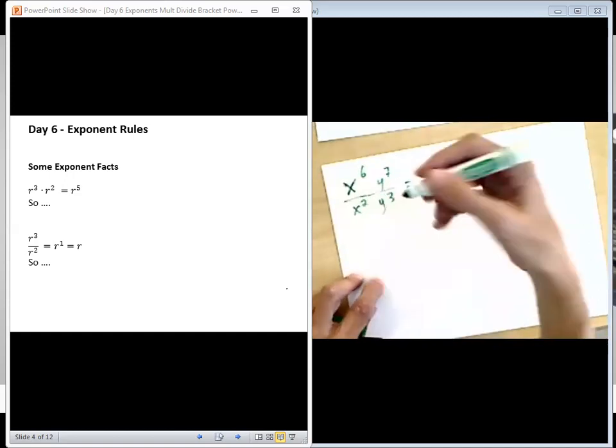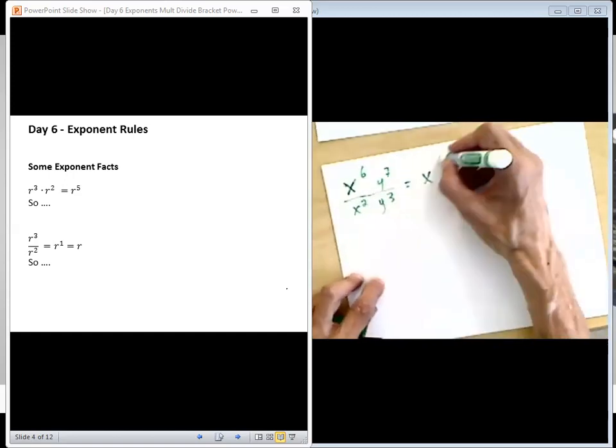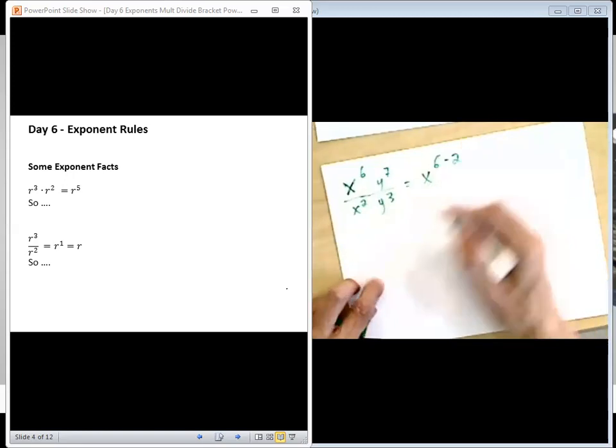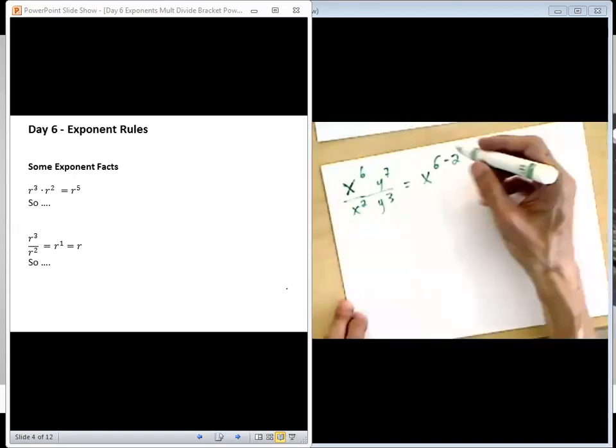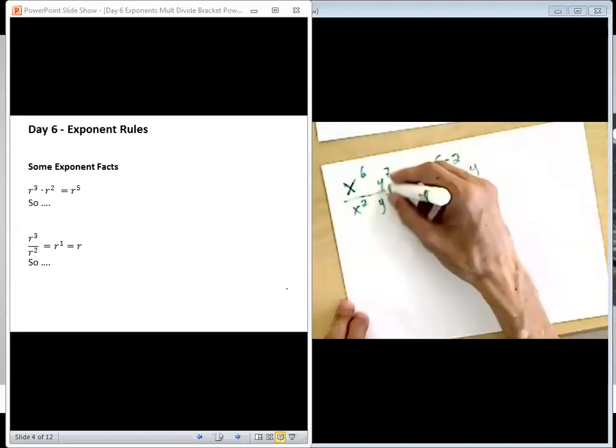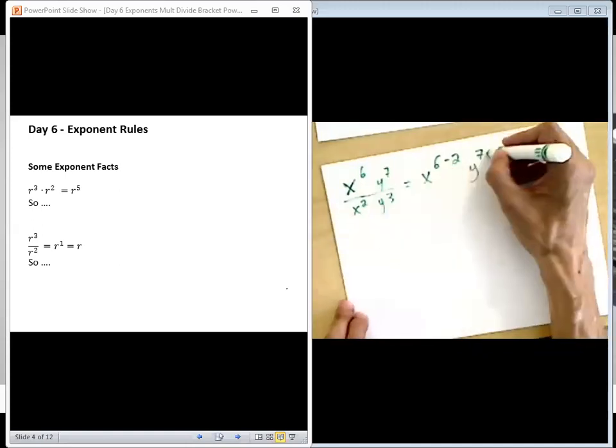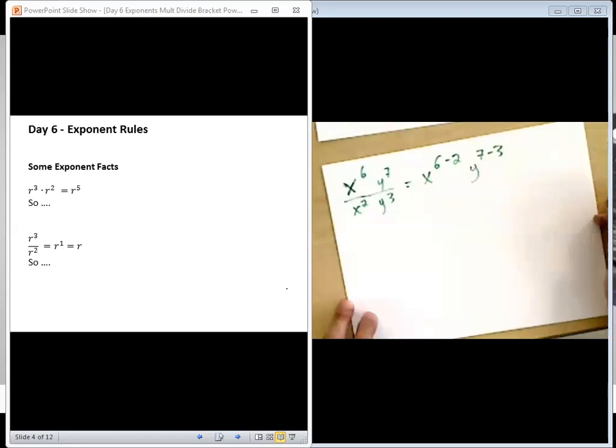To show the rule, you subtract those two because they're being divided. For these ones, they're being subtracted because they're being divided, same base. So that's actually what's going on.